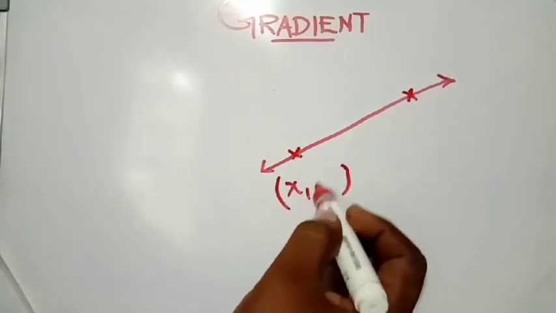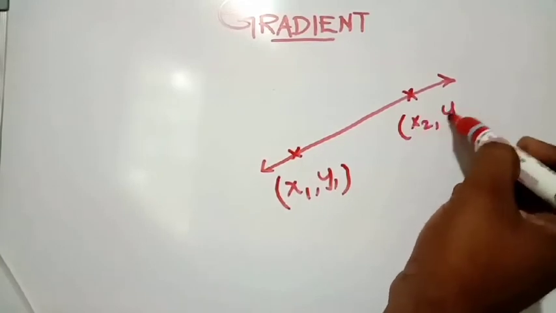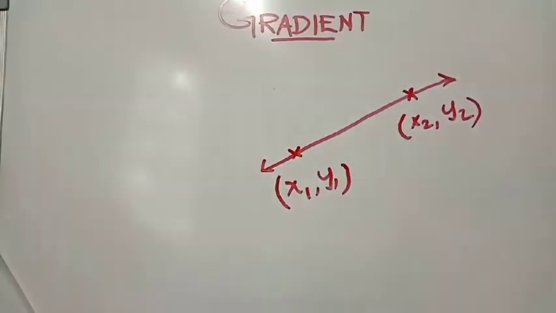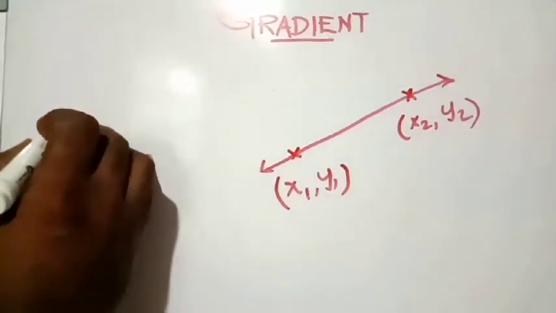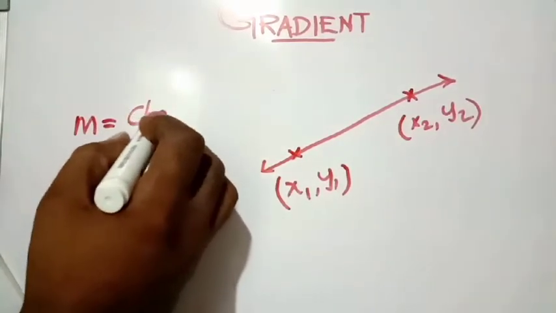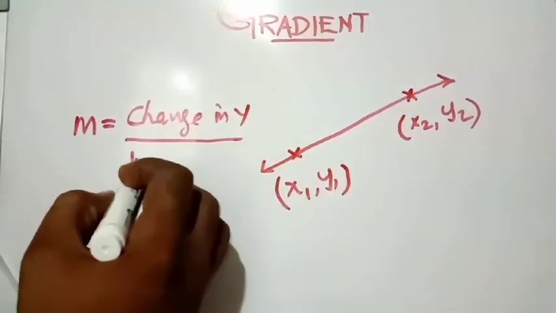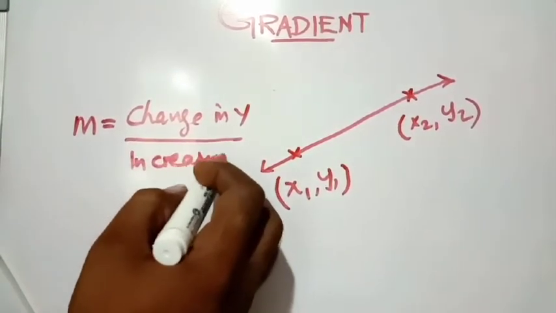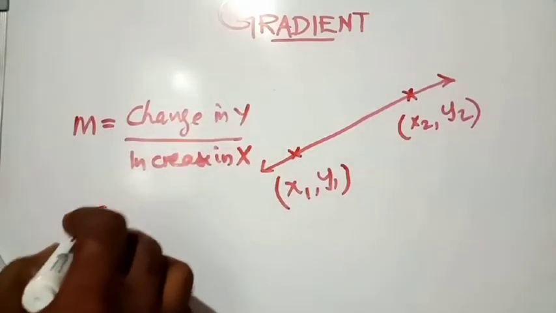Let's take 2 points as x1 y1 and x2 y2. So we are taking 2 points on the straight line, x1 y1 and x2 y2, ordered pairs. Now when we calculate the gradient, gradient is a change in y divided by an increase in x, which is a change in y.